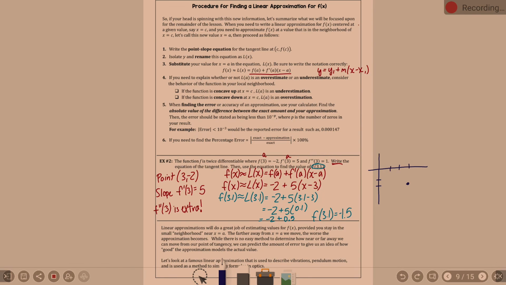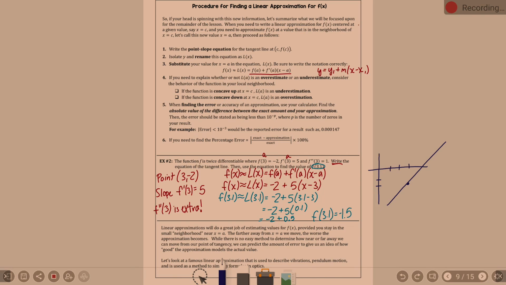We know our slope is 5, yes? So the slope through the point is going to be probably steeper than that.